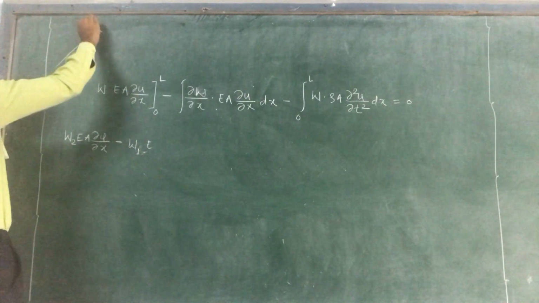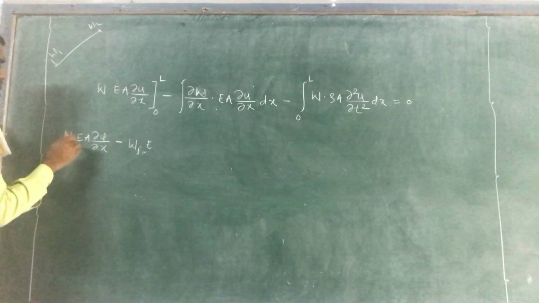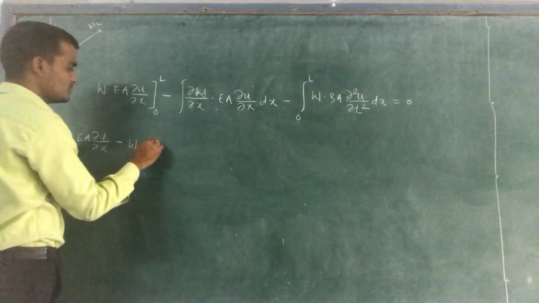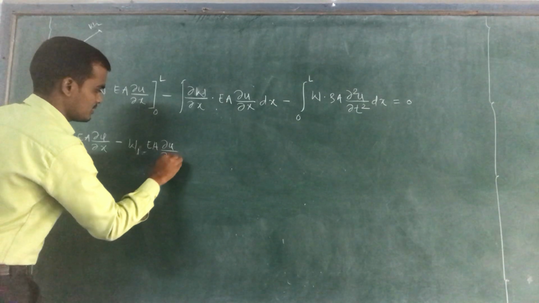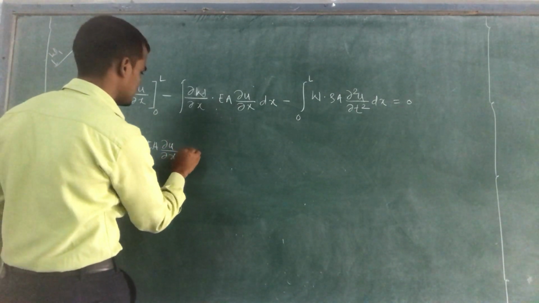For the second node w2 will be applied, for the first node w1 will be applied. So we get w2 EA ∂u/∂x minus w1 into EA ∂u/∂x.